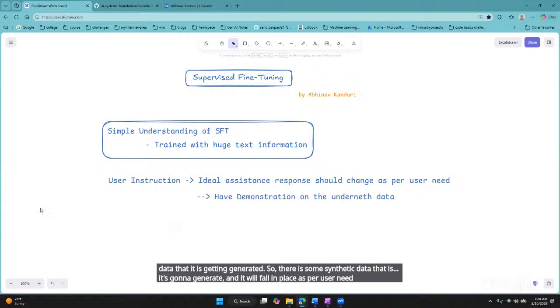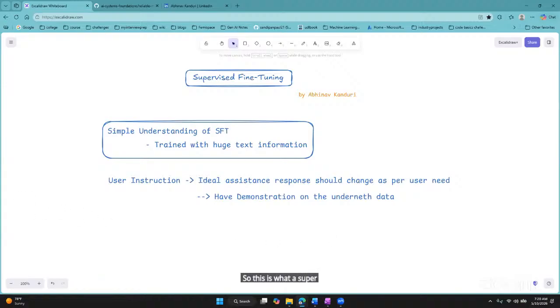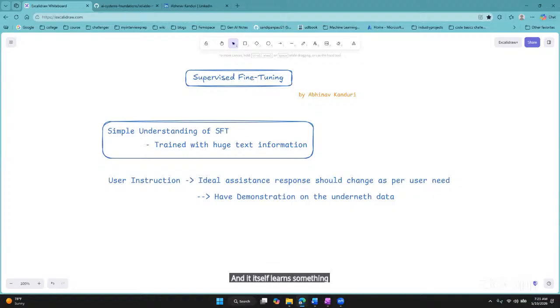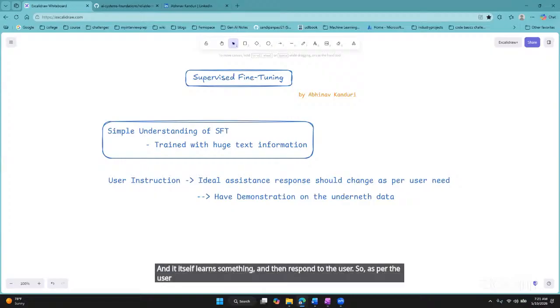This is what supervised fine tuning does. There are many underlying concepts, such as synthetic data generation. The synthetic data will be generated as per the user need, it runs regression testing, learns something, and then responds to the user, as per the user request and instruction.